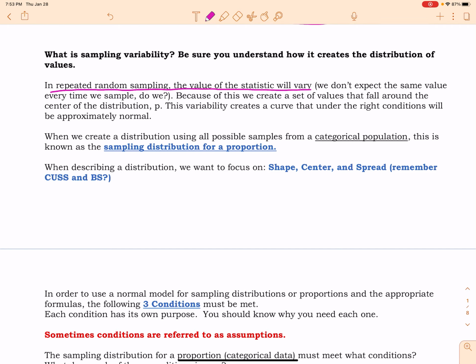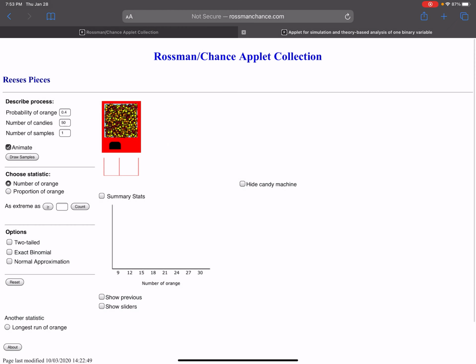Let me show you what I'm talking about. If we look at this applet from Rossman Chance, the Reese's Pieces applet, we are told, supposedly common knowledge from the company, that the probability of orange candies is 0.4. I have that listed up here in the upper left-hand corner.